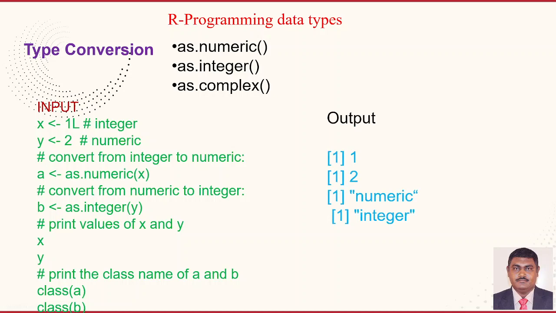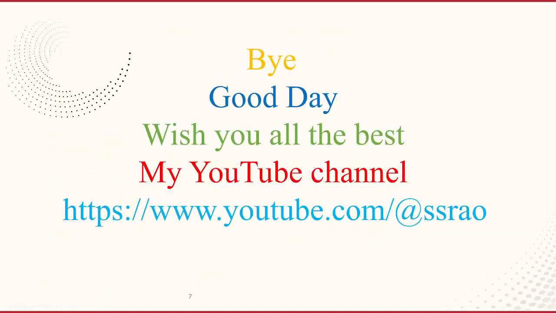Again, if you print the class of a and b, the classes displayed are numeric and integer. Likewise, we convert from one form to another using these functions: as.numeric, as.integer, as.complex. These are the types of data conversion you generally use in R programming. I hope all of you understand these few data types in R programming.